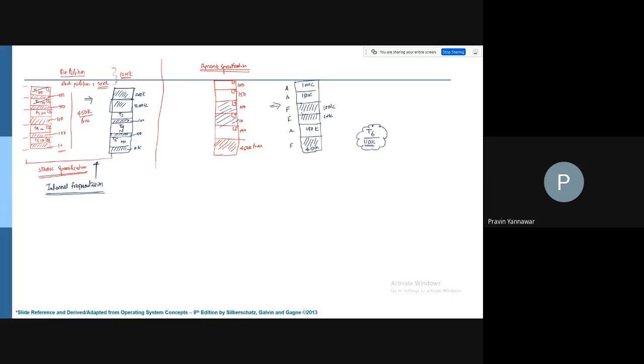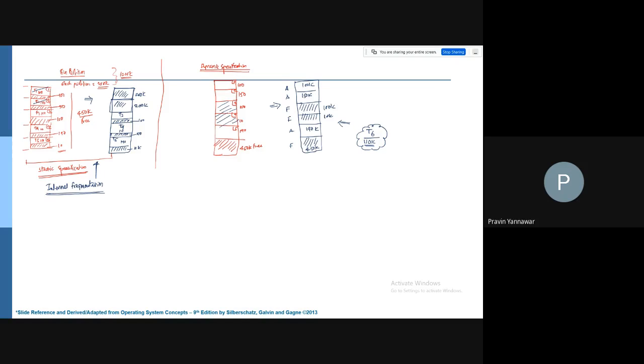Is it going to be in this 450k, or is it going to be in this 100k plus 10k, which is 110k? Where is it going to get fit at this particular point of time? Can you suggest the best possible space for this?